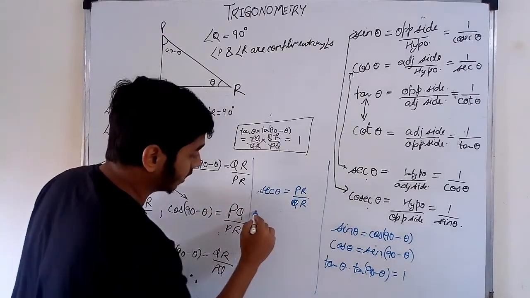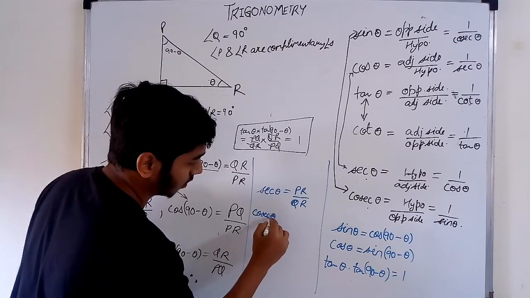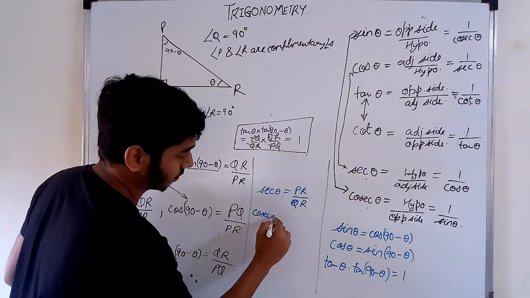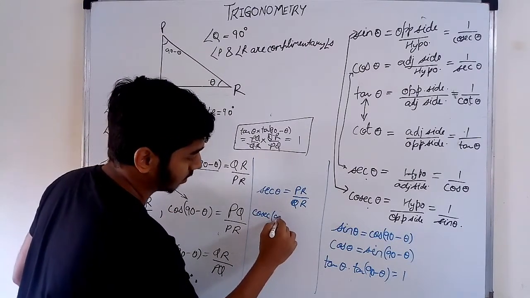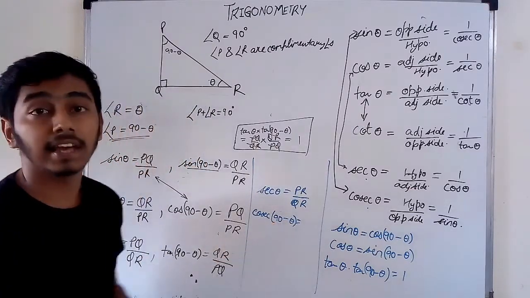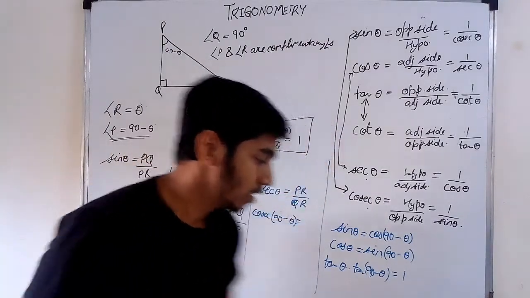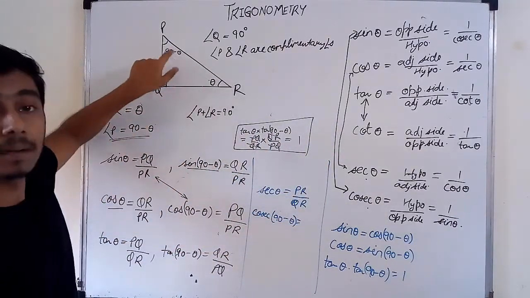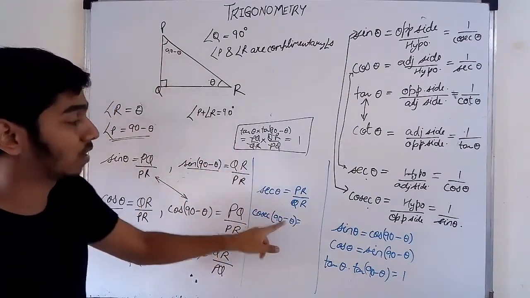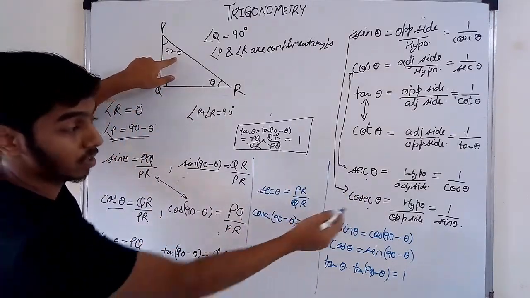Now let's find cosec 90 minus theta. What is 90 minus theta? This angle, angle P. So cosec of angle P is hypotenuse upon opposite.